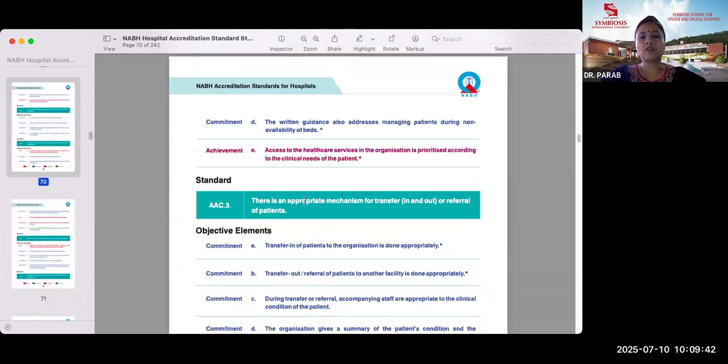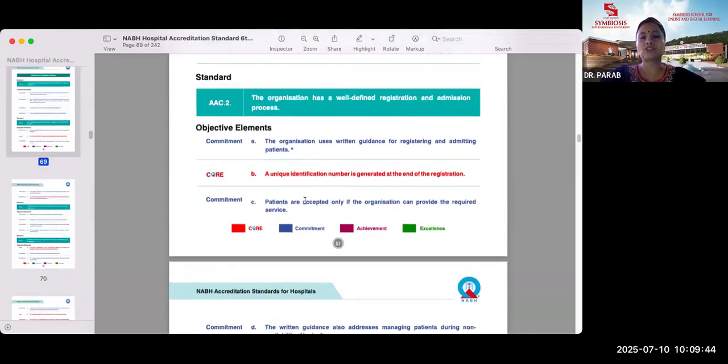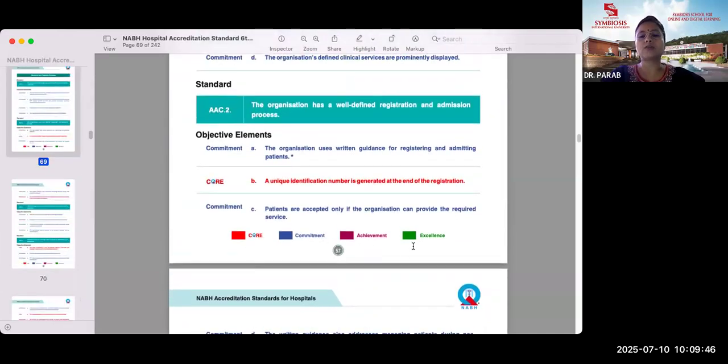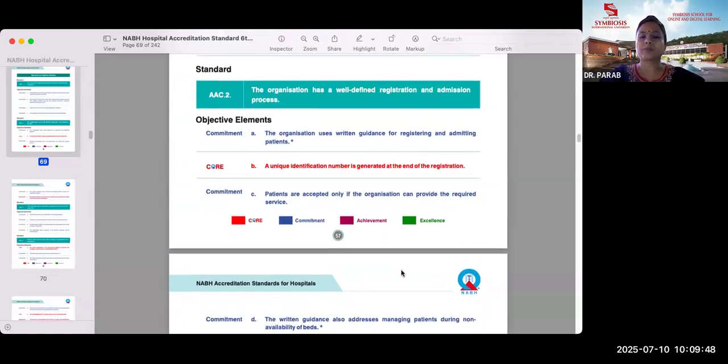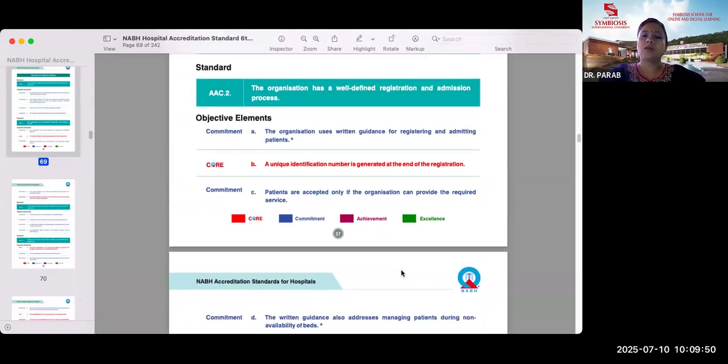So if you look at this, this is the first chapter, and you can see some kind of color coding over here, right? So what are these color codes? You can see four different color codes here. This one is core, this is commitment, this is achievement and excellence. So what NABH has basically done is that they have divided the different standards.